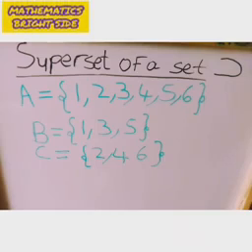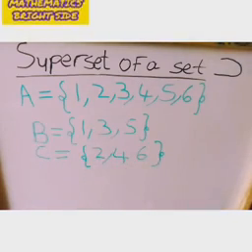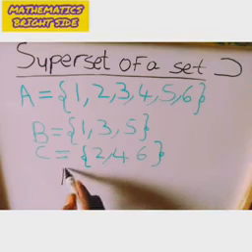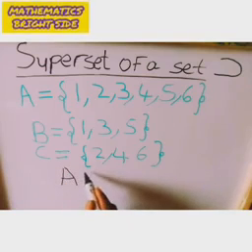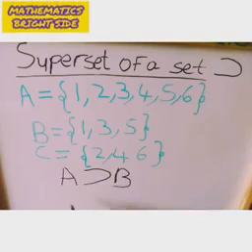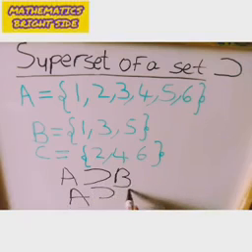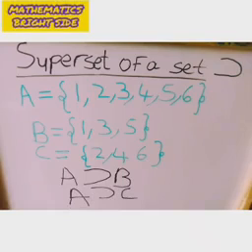So now as you can see, the set A contains all the elements that can be found in set B and set C. So we can simply say that our set A is a superset of set B. We can also say that our set A is a superset of the set C. So that's just it.